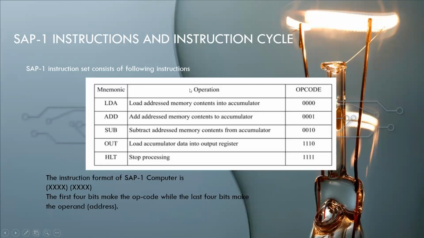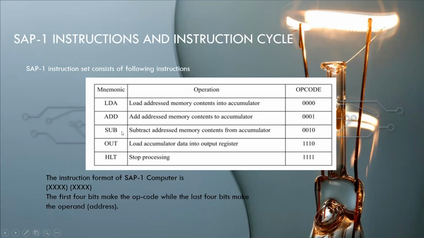In this operation, LDA loads address memory contents into the accumulator, and the OP code is 0000. ADD adds address memory contents to the accumulator. In OP code, the ADD is 0001.